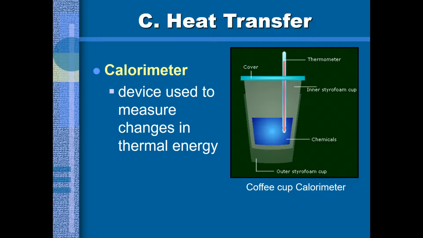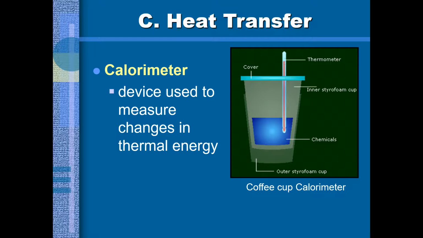So we have a very scientific instrument. It is 2 coffee cups stacked on top of each other with a cover. Very, very scientific. It's called a calorimeter. You can get more fancy and actually design a better calorimeter.